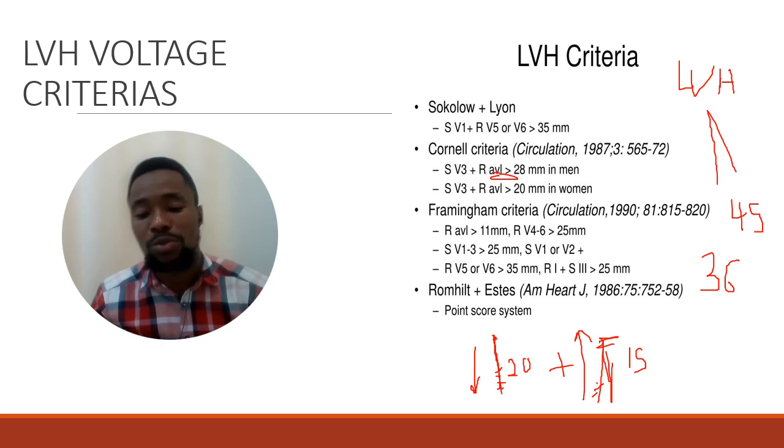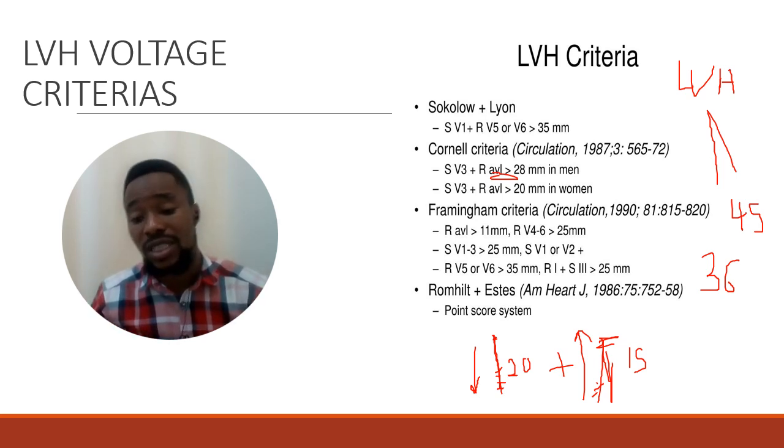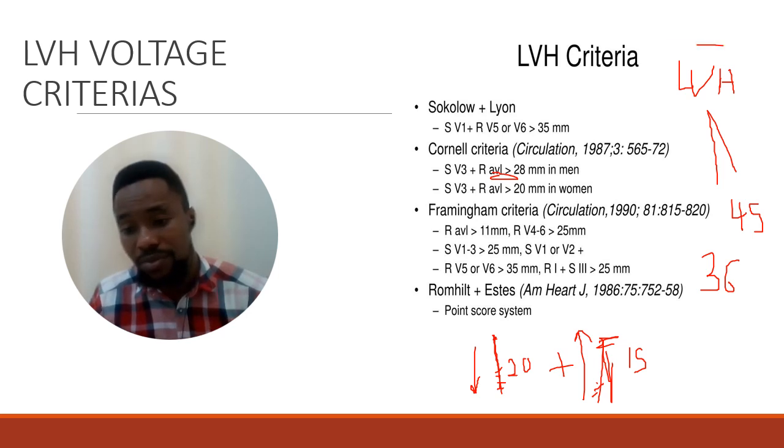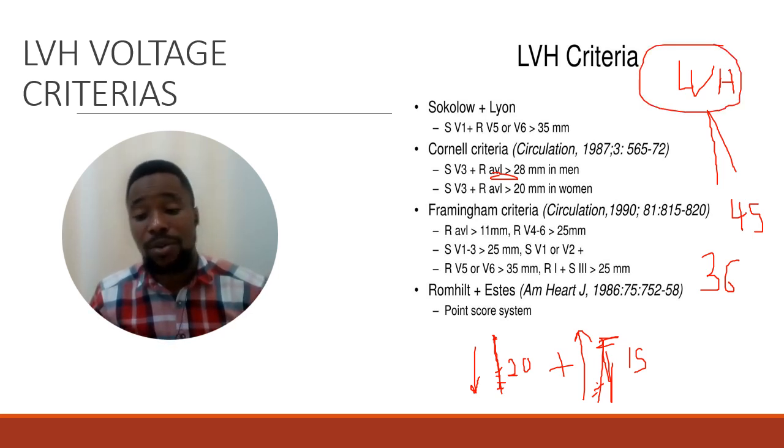All you just need to do in modified Cornell criteria is to look at aVL. If the R wave in aVL is greater than 7 or 11, then you say the patient has LVH. Okay, so that's that about left ventricular hypertrophy.